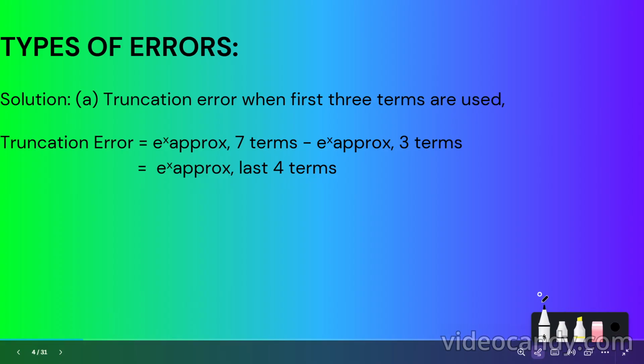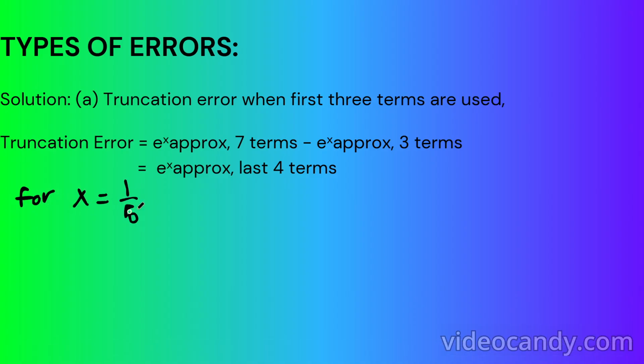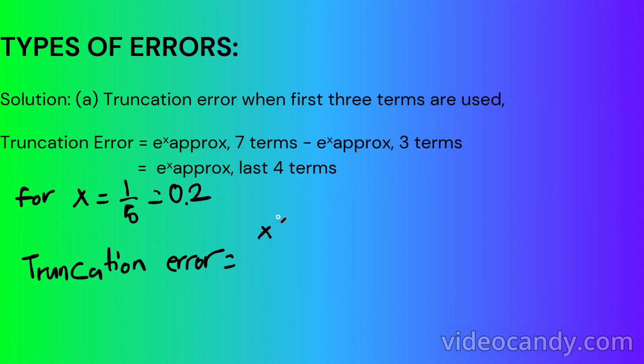So let's find the answers. For x equal to 1/5, that is 0.2.